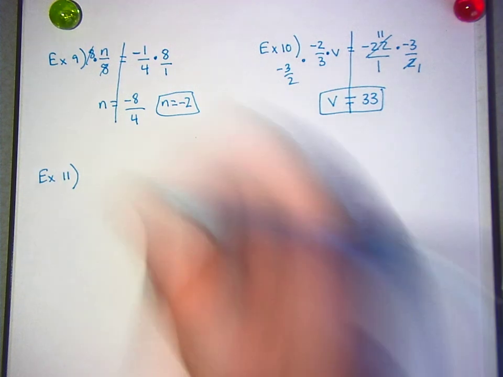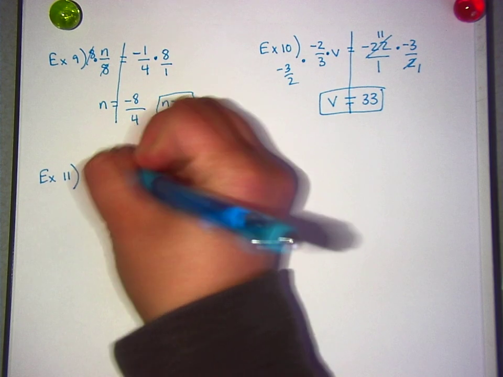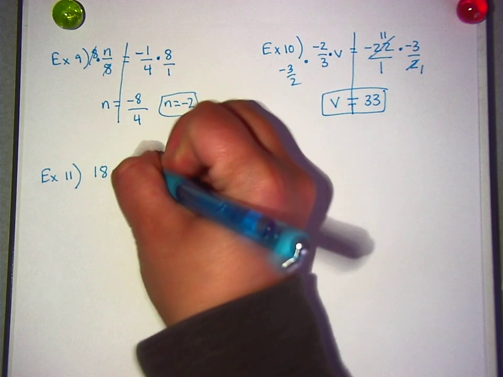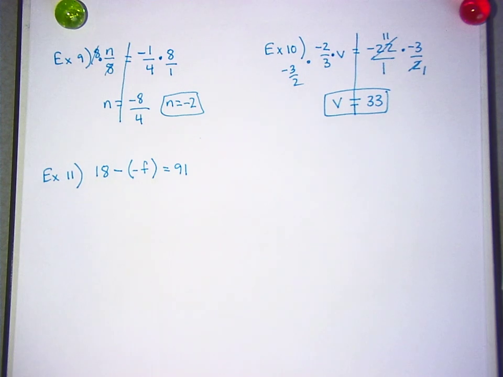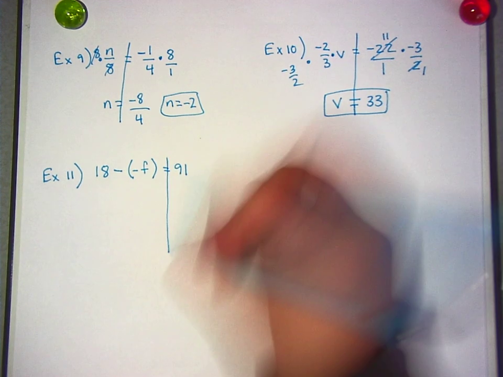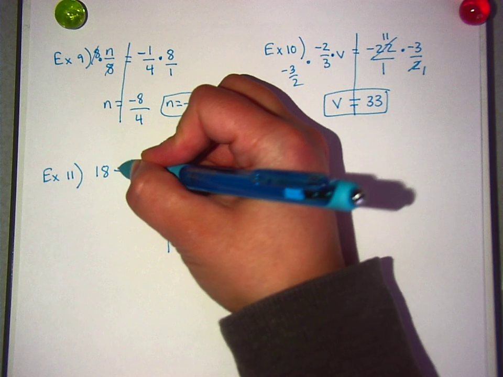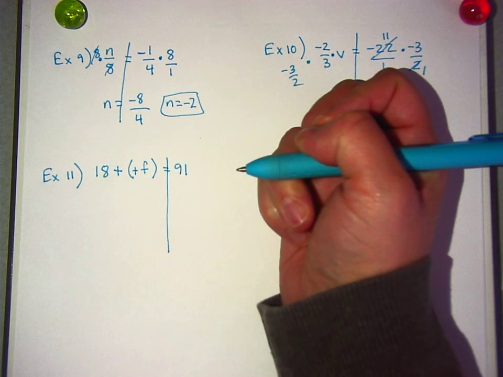Let's do 18 minus a negative f equals 91. All right, ideas? Yes, and remember, make these dash dash slash slash pluses.